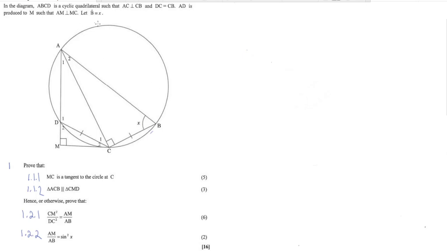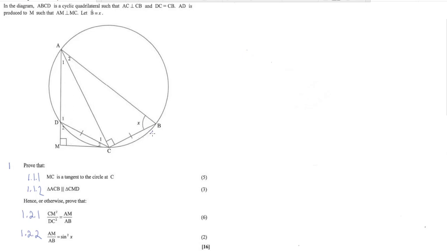So whenever you do Euclidean geometry, make sure that you read the statement, okay? The statement says that ABCD is a cyclic quadrilateral.